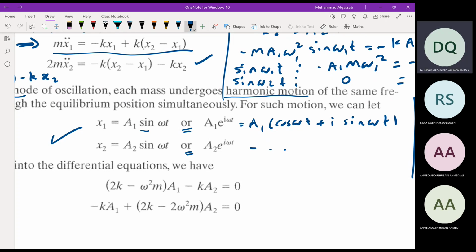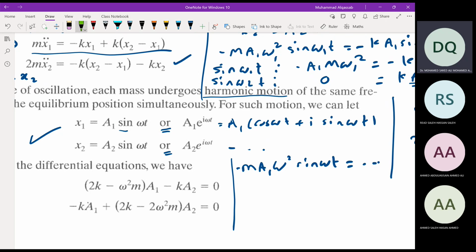Okay, and I think you can just try this yourself. Substitute in the first equation. You will get minus m A1 omega squared sine omega t and so on. You will see that sine omega t will cancel out.